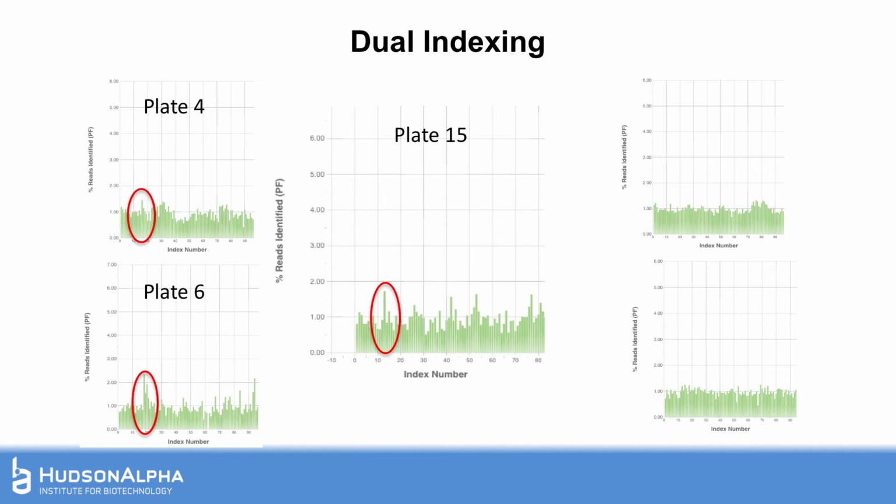Because the most convenient form is you'd make one pool and avoid an XP workflow. But in this case, hopefully I can show you that doing dual unique indexes can be optimized and can be highly reproducible. And I think I can be confident in saying that it's highly likely you'll see these types of designs coming out from companies like Twist.